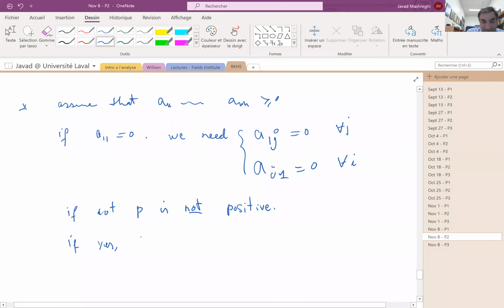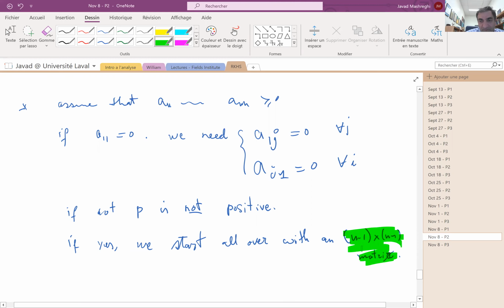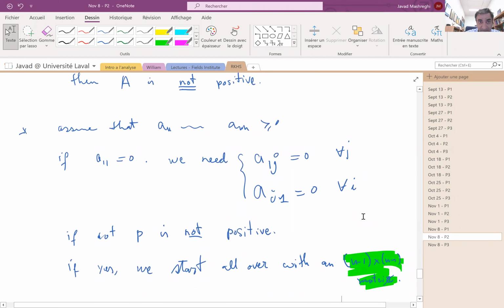We start all over with an n minus 1 times n minus 1 matrix. So remember, we started with an n by n matrix.